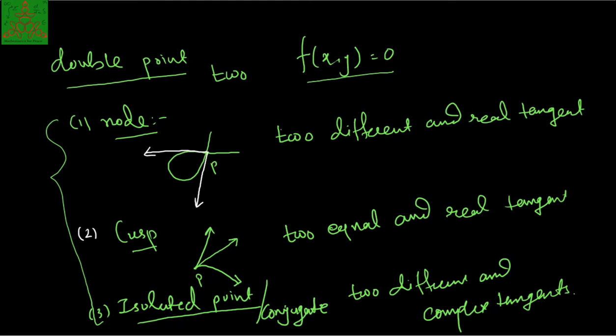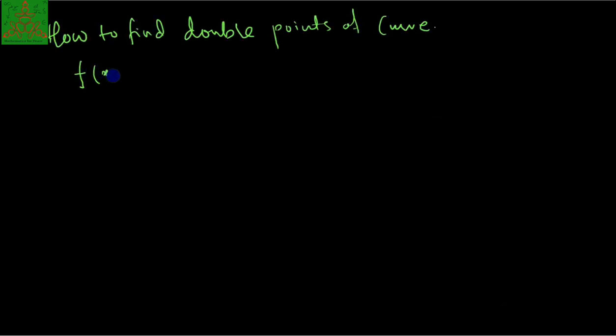Let us first see the steps to find the double point of the curve. First of all, you are given f of xy equal to 0, a curve in R2, such that fx and fy exist.